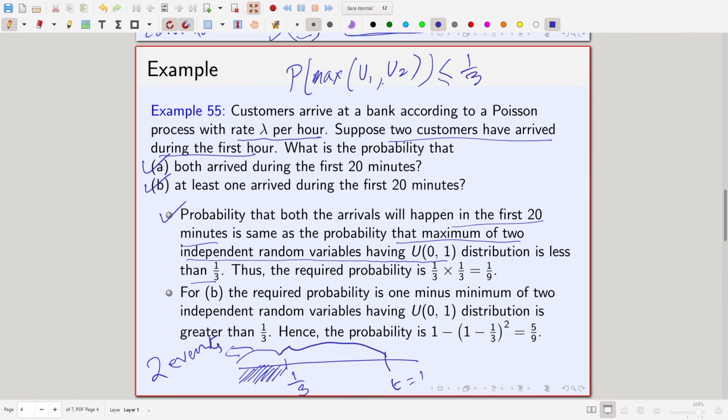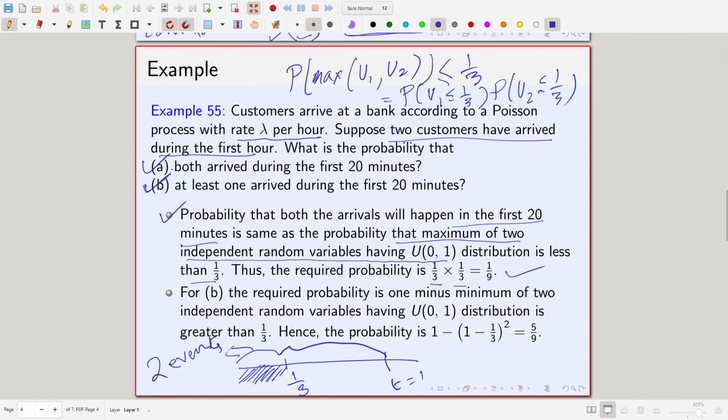If the maximum has to be less than 1 by 3, that is the same as both being less than 1 by 3, and these are independent. So this is simply the probability that U1 is less than or equal to 1 by 3 times the probability that U2 is less than or equal to 1 by 3. The first is 1 by 3 because it is uniform 0 1, and the second is also 1 by 3. So you get 1 by 9. The probability that both arrivals happen in the first 20 minutes is 1 by 9.